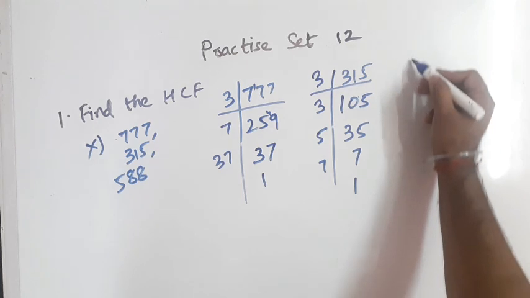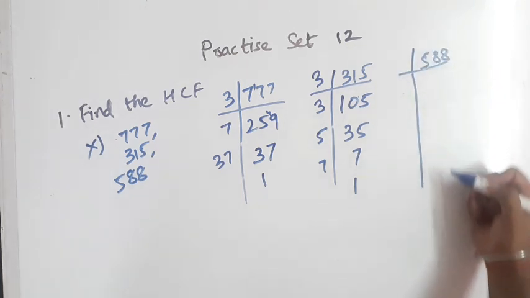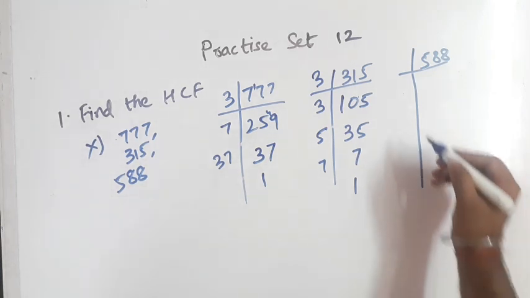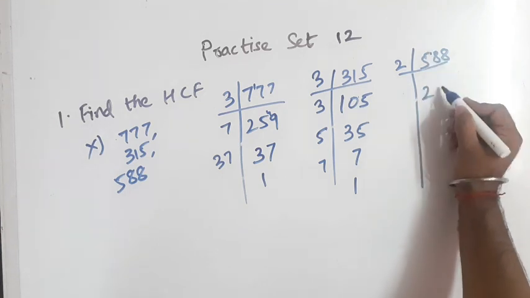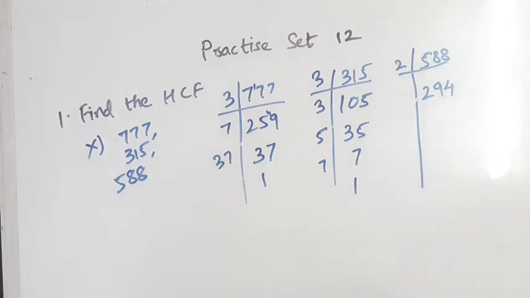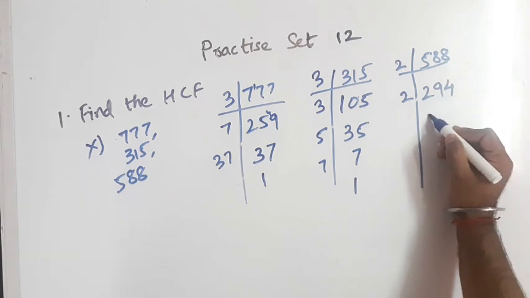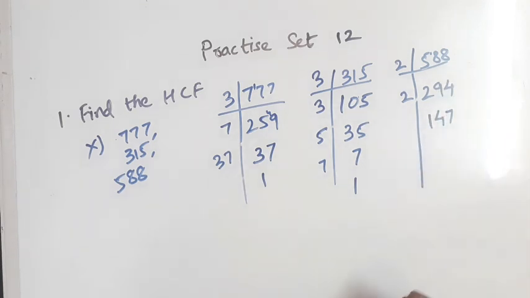Okay. Then I'll take here the last number, that is 588. Now 588 is an even number, so I can start with 2. 2 2s are 4. 2 9s are 18. 2 4s are 8. Okay. Then 2 1s are 2. 2 4s are 8. 1 remains. 2 7s are 14.